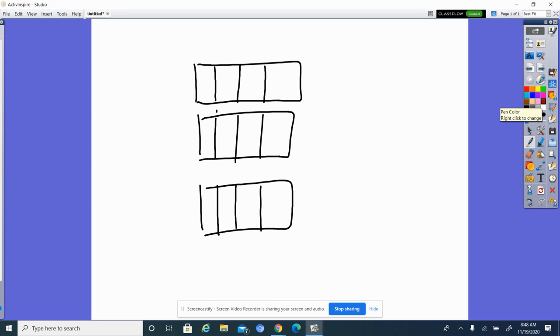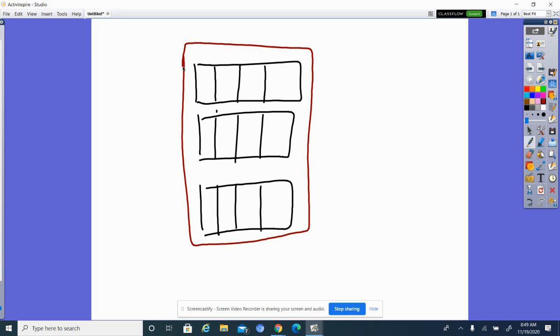How? 3 rows of 4. We have 3 rows of 4. Good. So if I put my rectangle around there, can I cut this into 4s? So we're really finding out what 1/4 of 3 is, right?